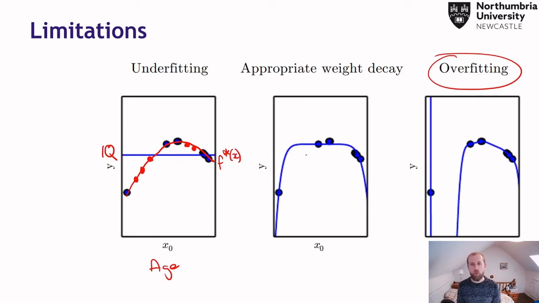So this is what our model should look like, and you'll see that when we test on these data points, it's not perfect, but we can do a relatively good job. But when we try to test on the model that is overfitted, we have a big problem.